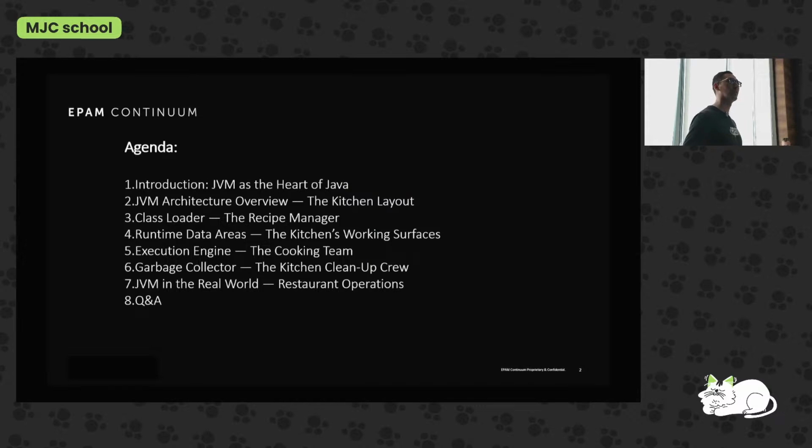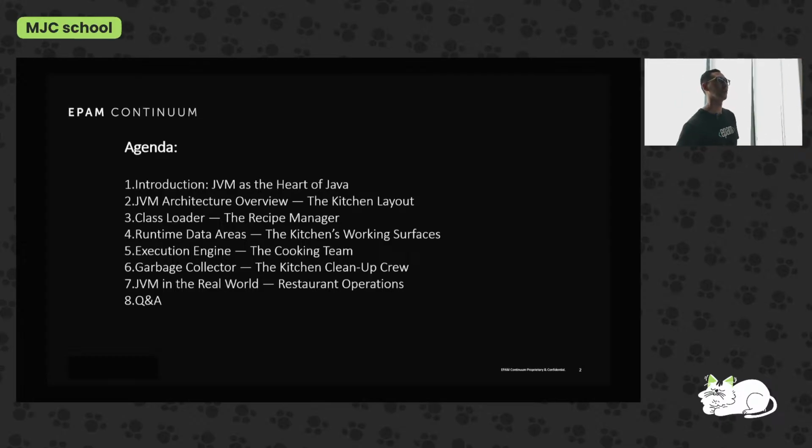So first of all, we have the agenda here. We're going to start by exploring what the JVM itself is, and then we're going to talk briefly about the JVM architecture overview, and then we're going to actually use a real kitchen as an example for reference of the JVM architecture.